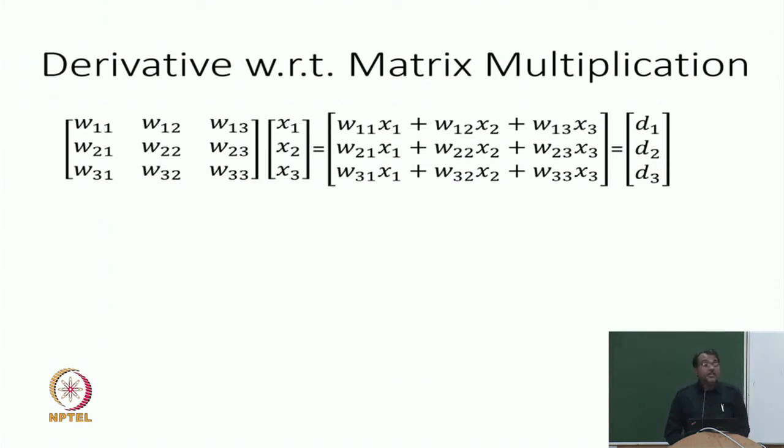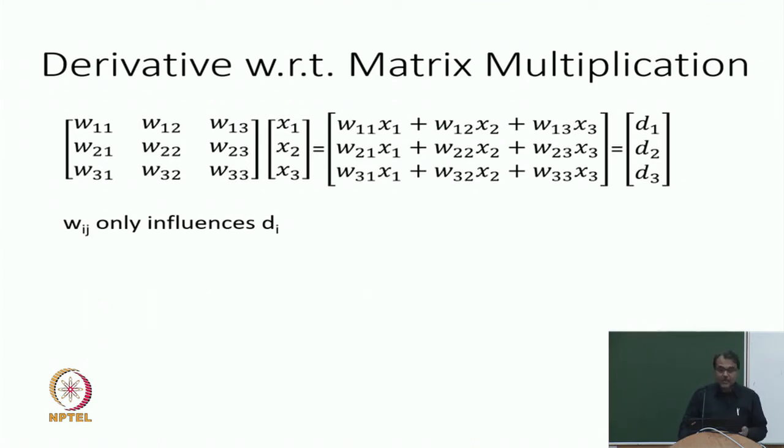Now, the main point to realize is that Wij only influences di. You can see this. So, that is an important aspect. So, when we take derivative with respect to Wij, only di bar is going to flow back.